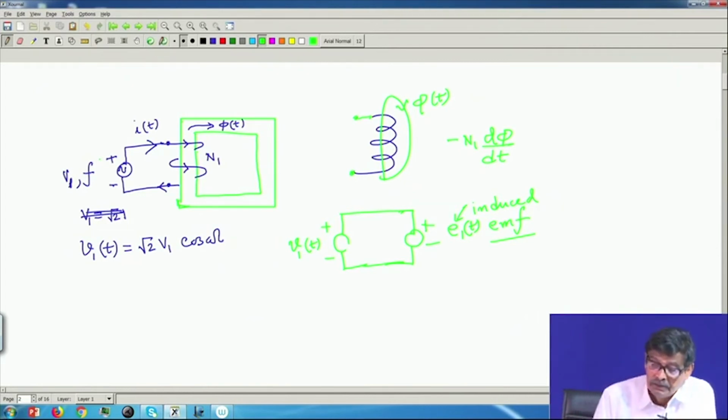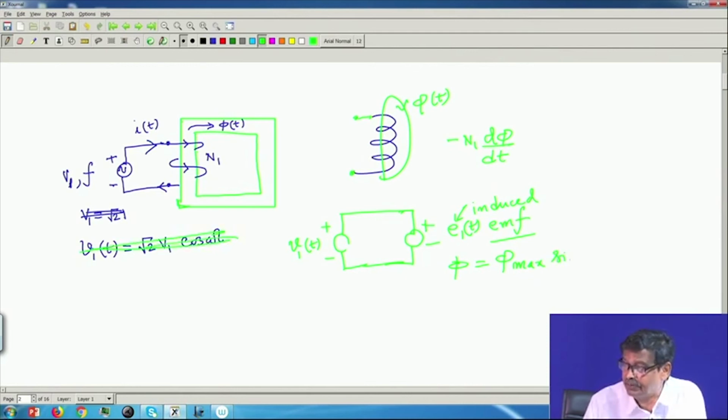Now, you see this flux will be some phi max. Let us forget about this cos omega t, sin. Suppose I start with phi equal to phi max sin omega t. Why am I assuming this? Because the circuit cannot but draw sinusoidally varying current.